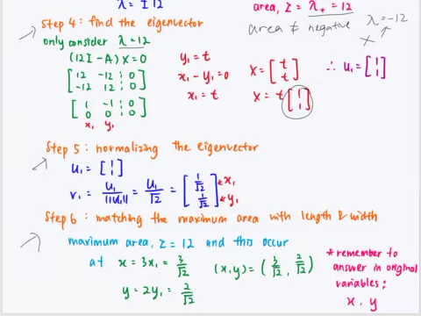The last step is to summarize it. When you summarize, you have to answer in the original variables x and y, because the eigenvectors that you found in step number 5 here are actually x1 and y1.